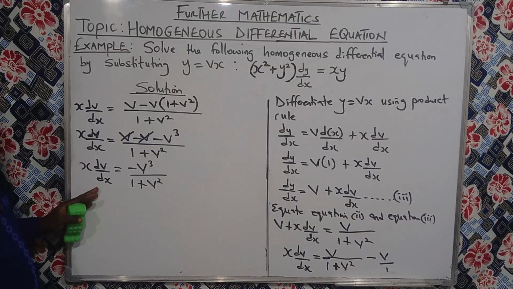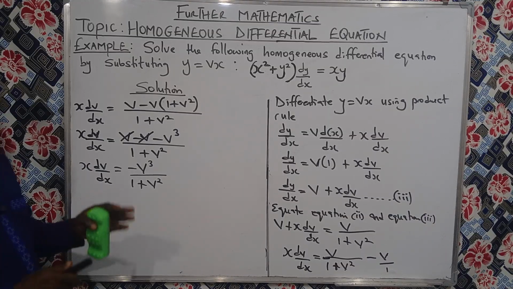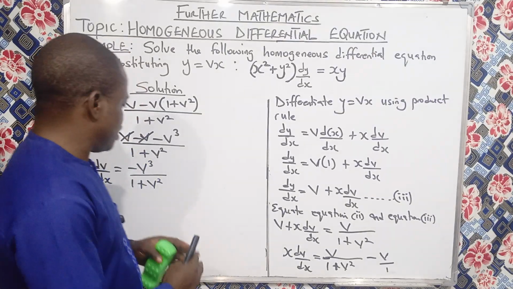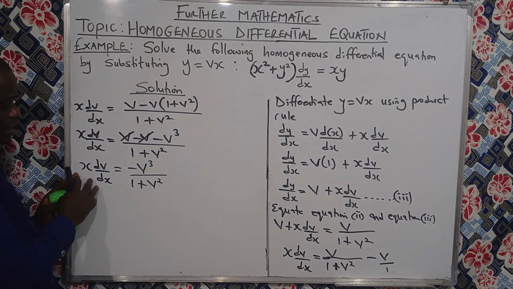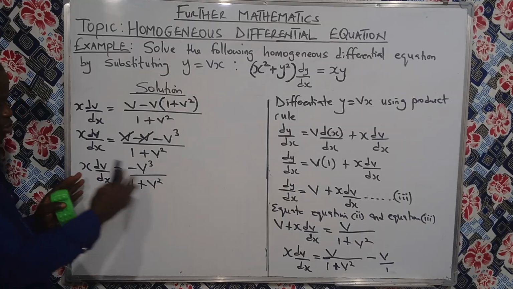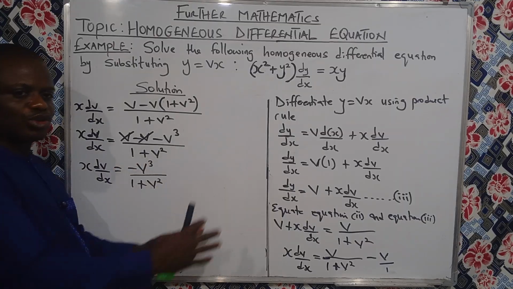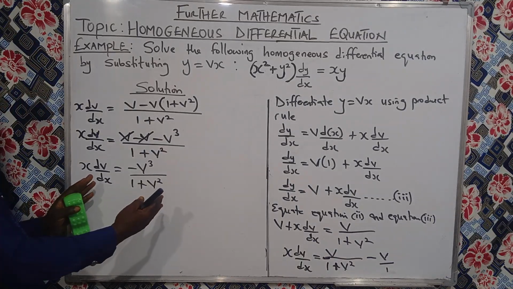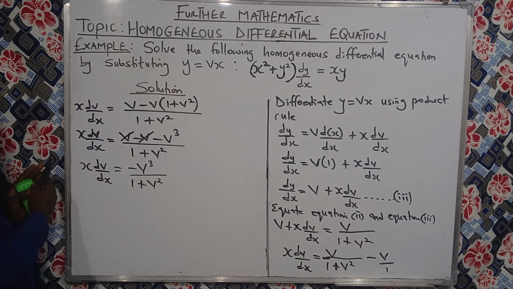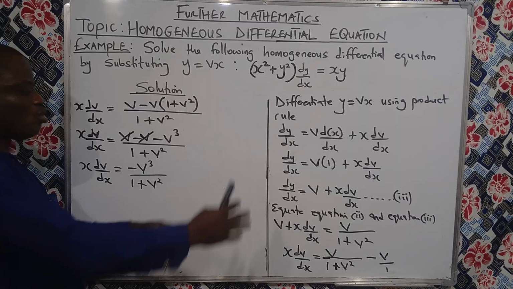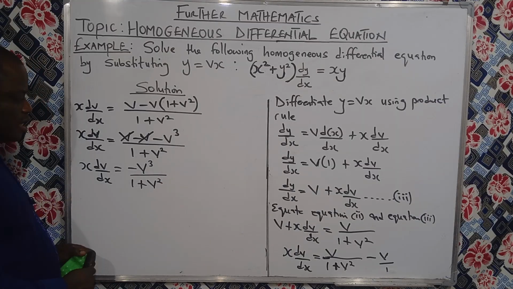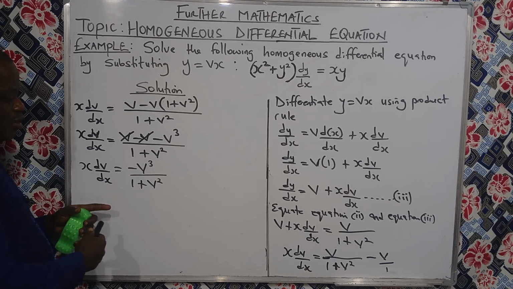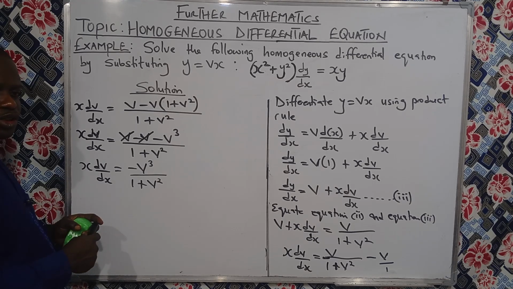When you get to this point, we want to do it in such a way that we have separation of variables. In terms of x and v now, let x come to one side and v move to the other side. In my own case, I want the v to come to the left hand side and x to go to the right hand side, so that we can involve what you call separation of variables.